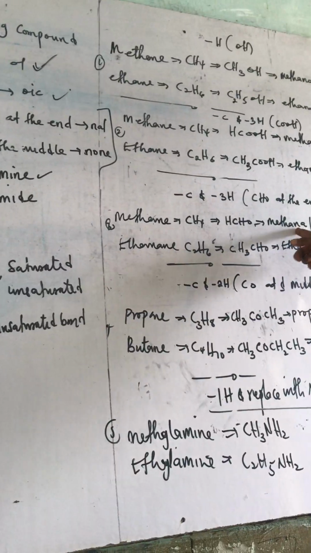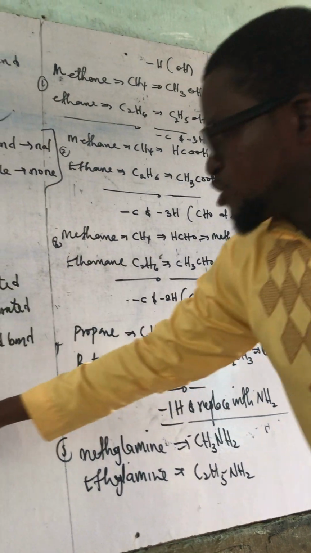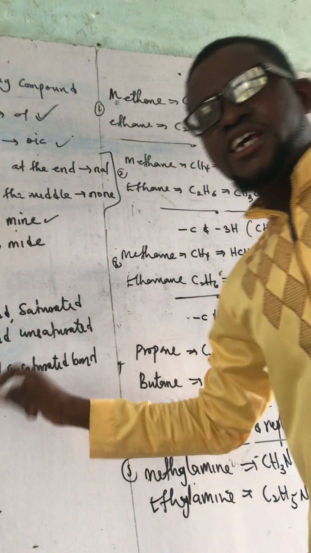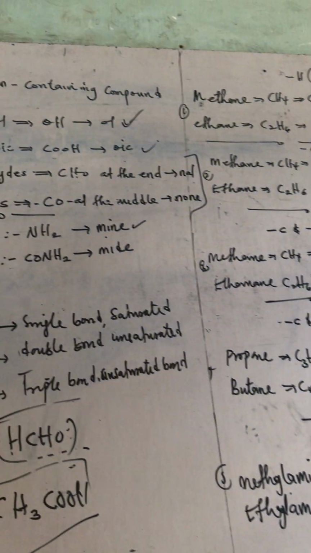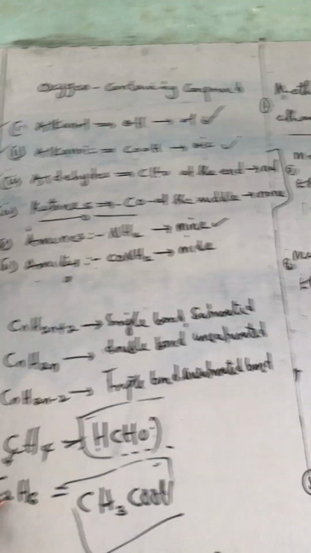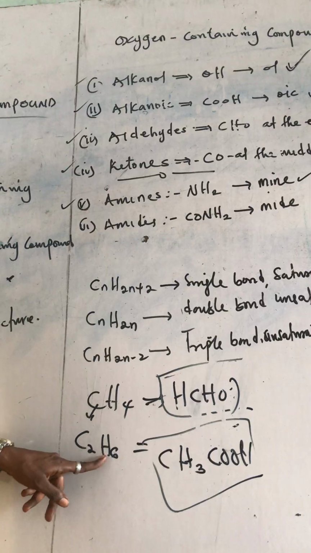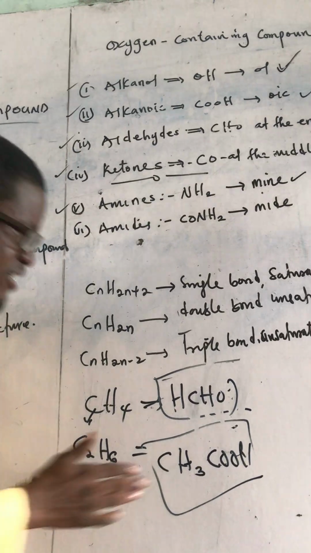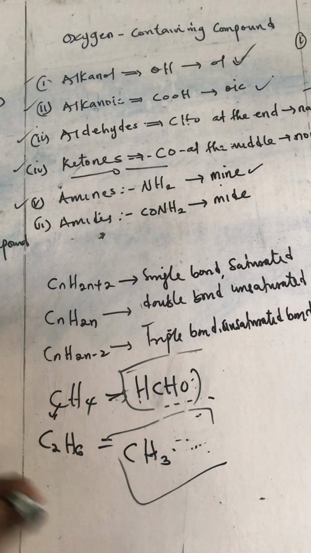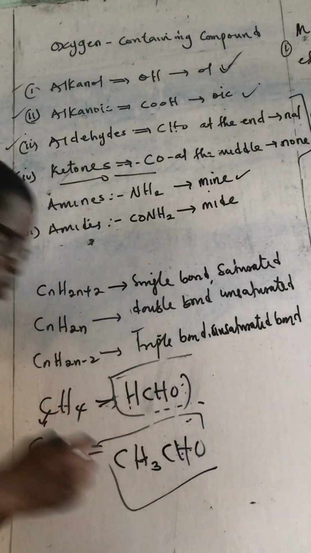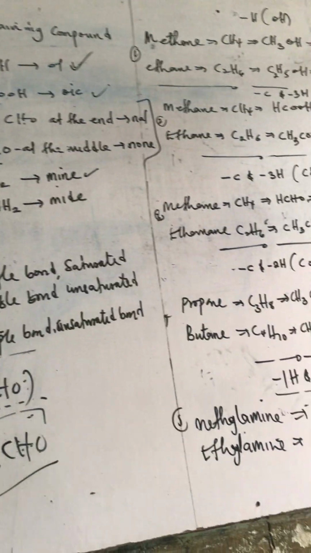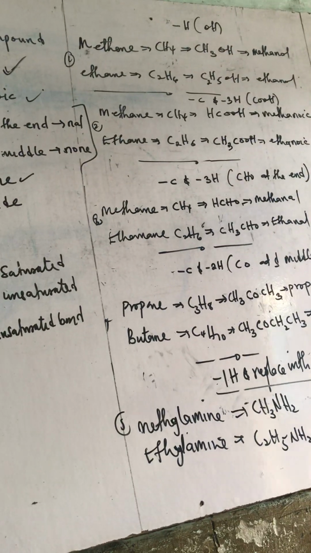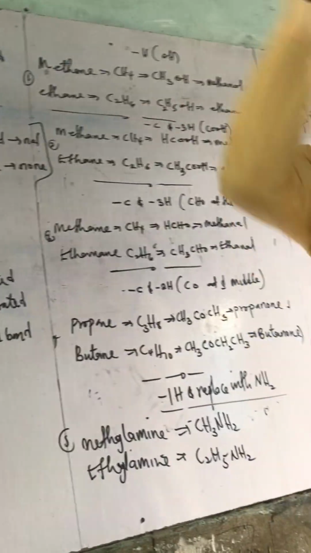Look at it. Methanal. So the functional group of al is CHO. So if you want to get ethanal as well, remove 1 atom of carbon, I've done that. Remove 3 atoms of hydrogen, I've done that. Then instead of COOH, replace with CHO. So what you have on the board is called ethanal. So you can from here form the other members.